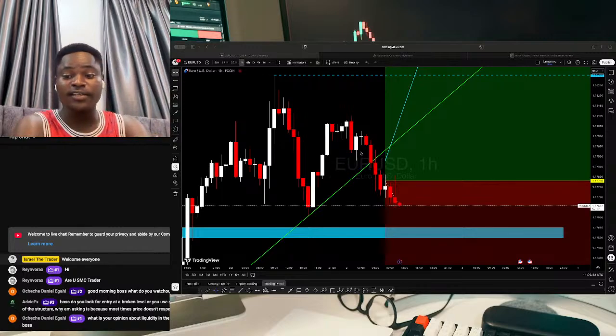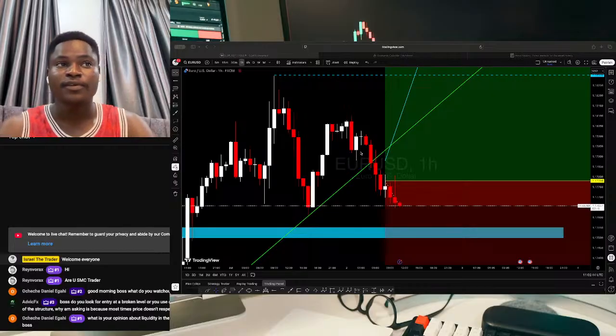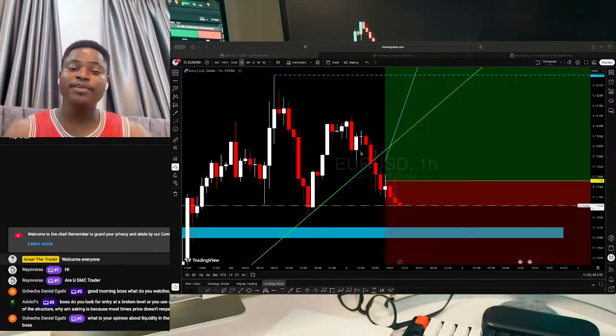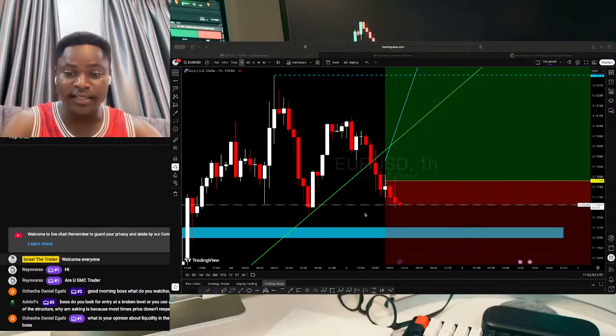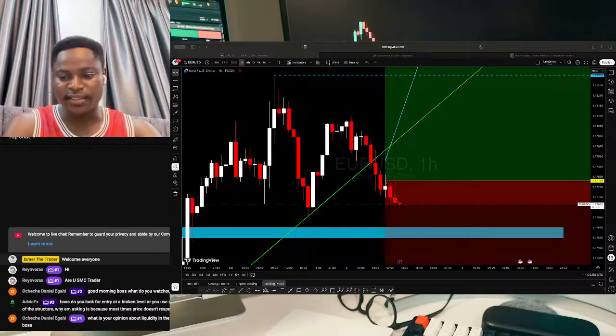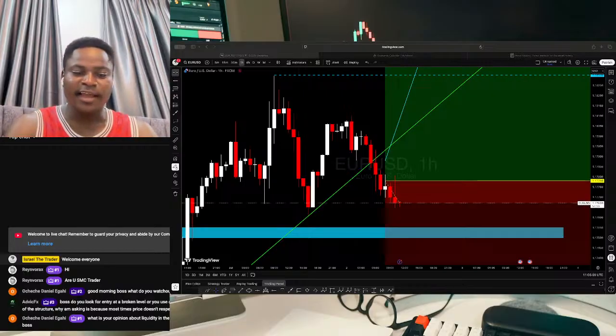Especially when there is news, let's say a bank holiday, meaning the big traders are not going to be trading that day, so the liquidity provided in the market is not going to be much compared to when they are trading. So liquidity affects every trader.